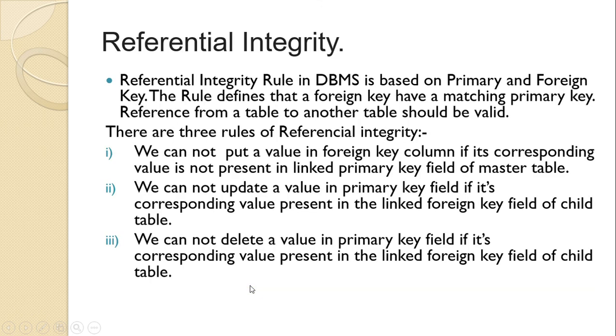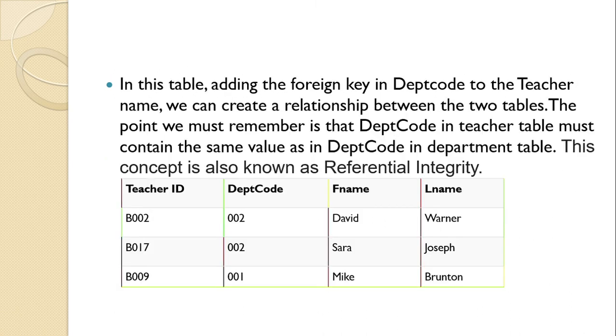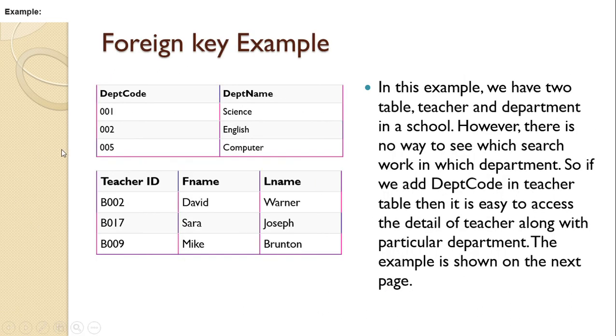Now the third rule: we cannot delete a value in a primary key field if its corresponding value is present in the linked foreign key field of a child table. In the same manner as the second rule, we cannot delete the code 002.